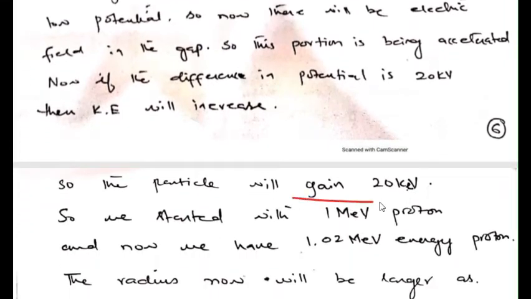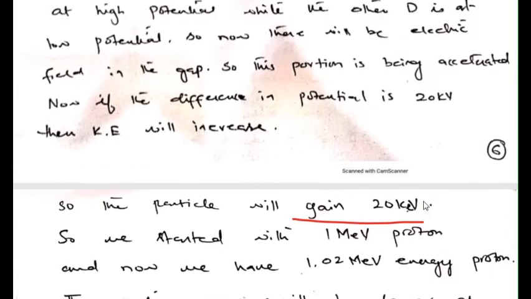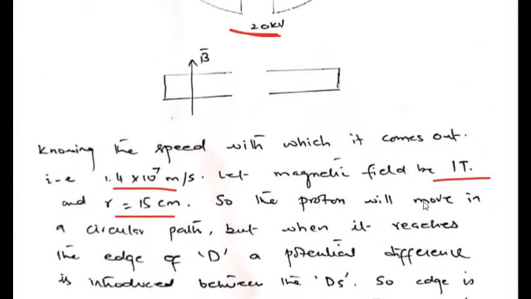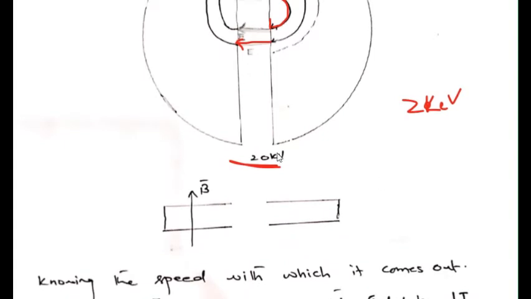Okay, so the particle will gain 20 kilo electron volts of energy when it moves through this potential. Let me correct it: it will gain 20 kilo electron volts of energy.